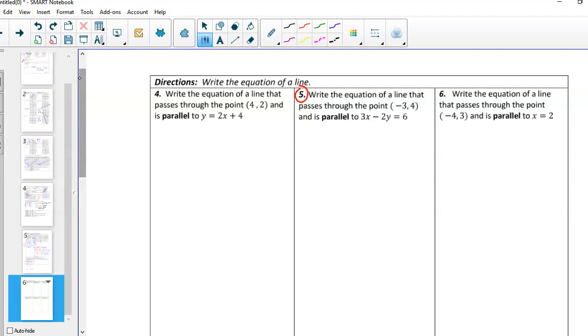Alright, so in order to determine our slope, because that's our first step, we need to rearrange this by subtracting 3x, I don't know why I said adding, and dividing each piece by -2.